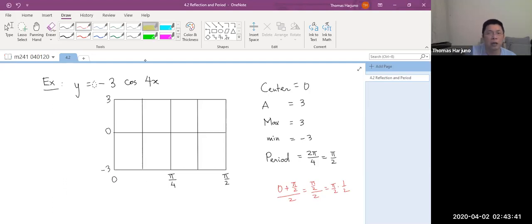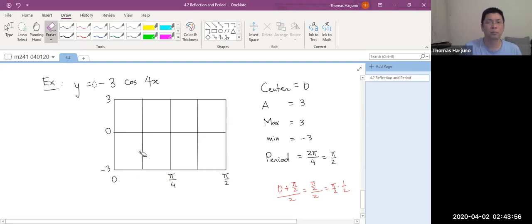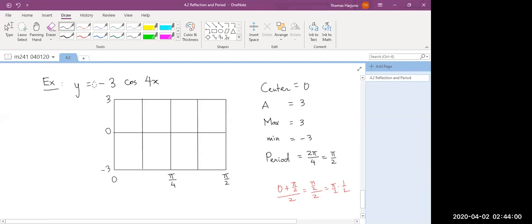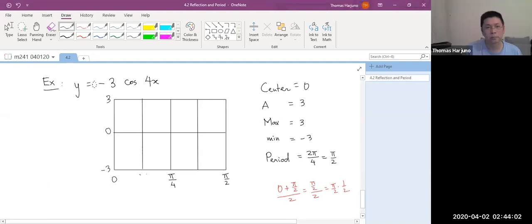Now this guy here is the midpoint between 0 and pi over 4. Can you try to find what that is? Pi over 8. Pi over 8, that's right. Now how about this guy?